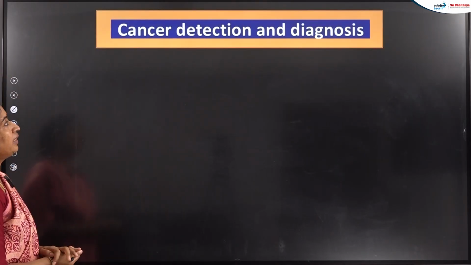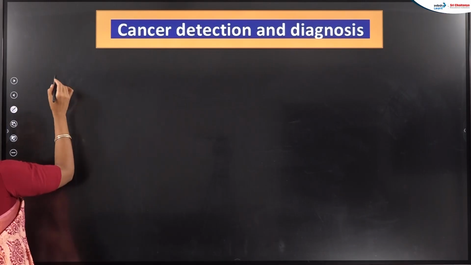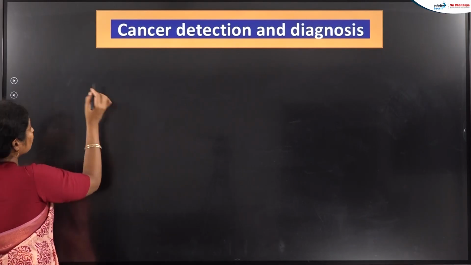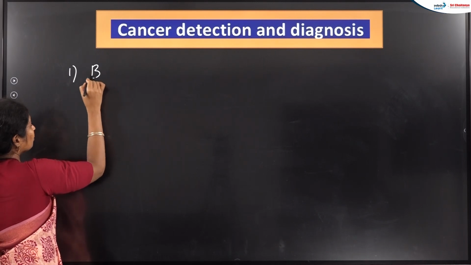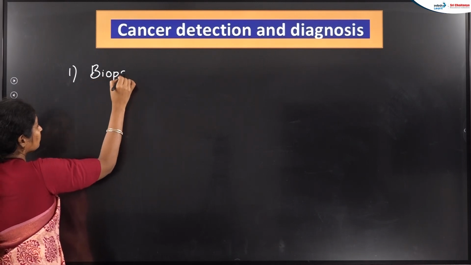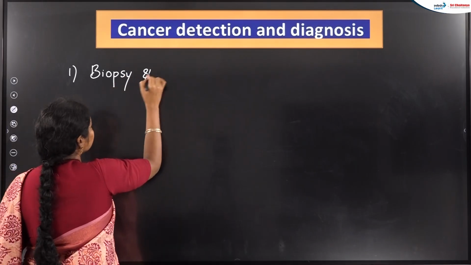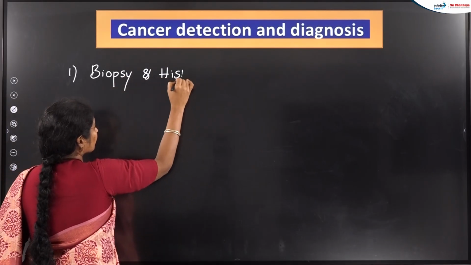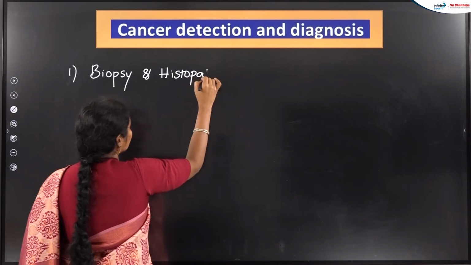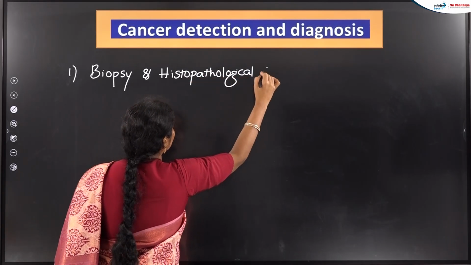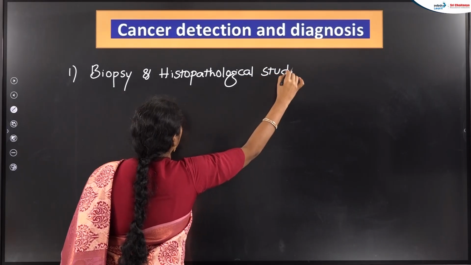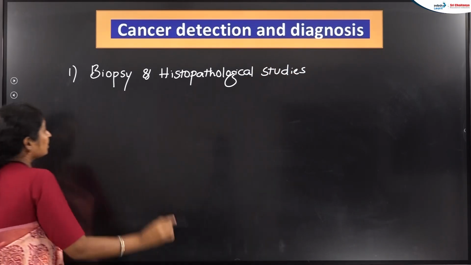Next, how to detect and diagnose cancer. First, cancer detection and diagnosis can be done by means of biopsy and histopathological studies. This is one detection method.